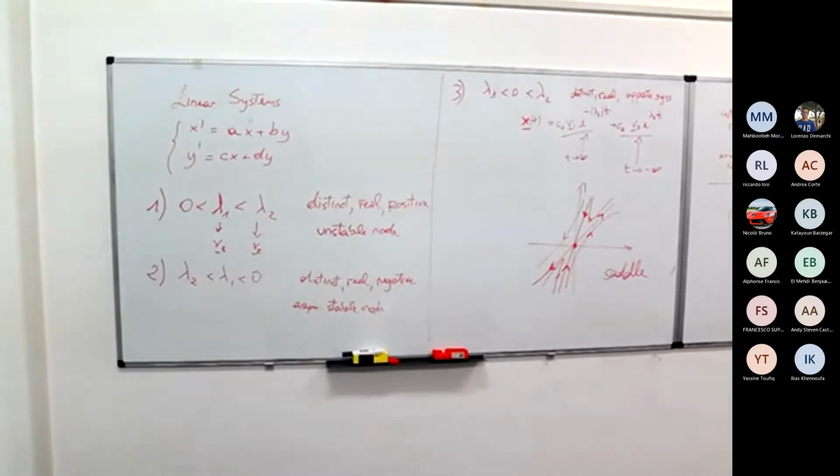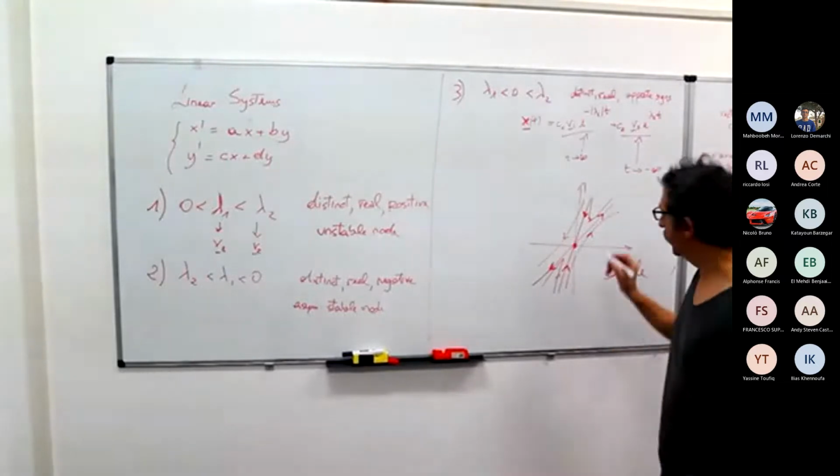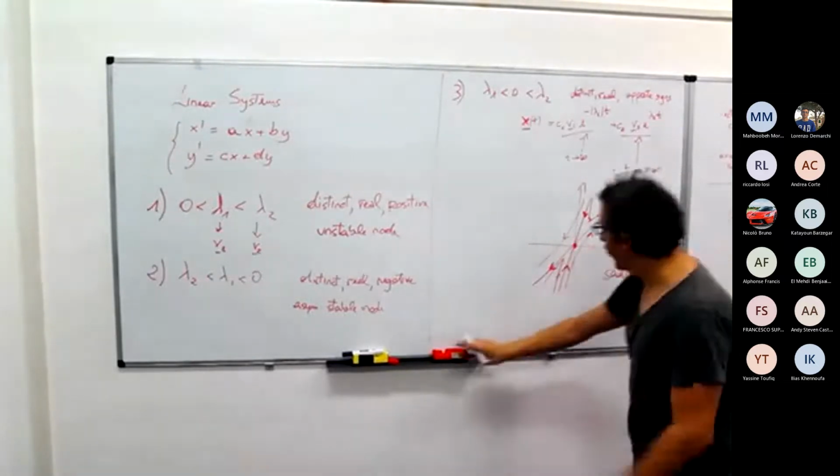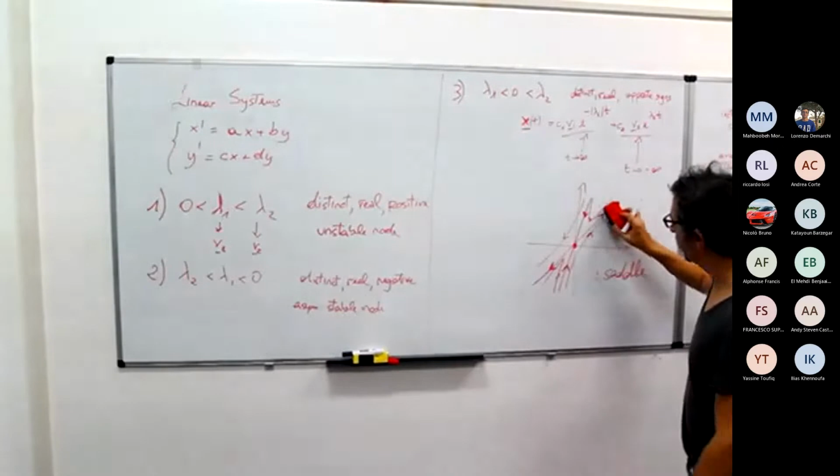So do you remember the definition of stable and unstable? Basically, what you have to do is to look at the orbits which are in a neighborhood of the critical point. So I can think, let me cancel that. Let me just leave a few orbits.